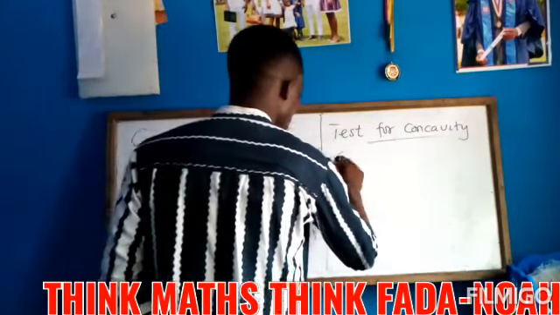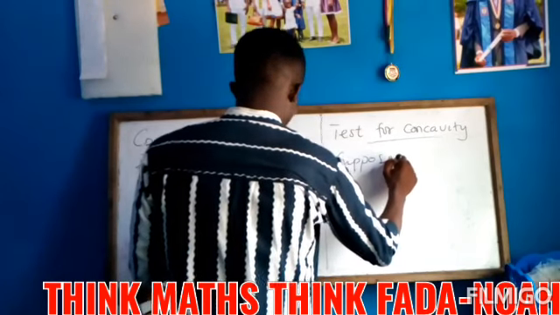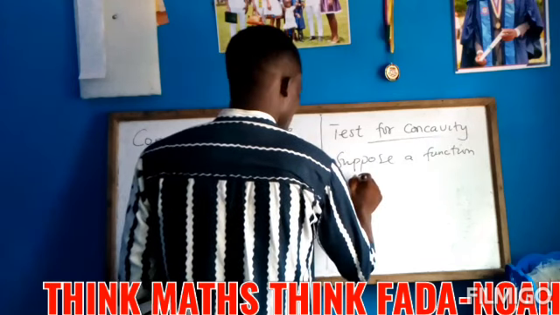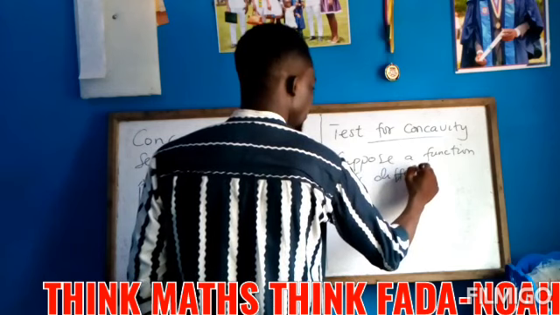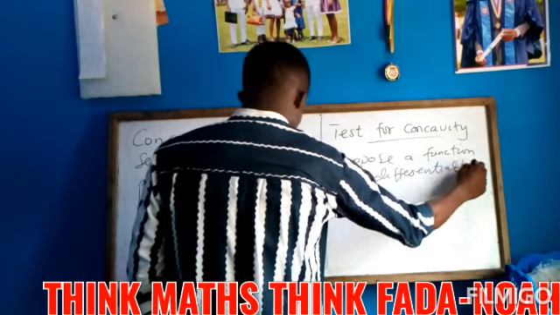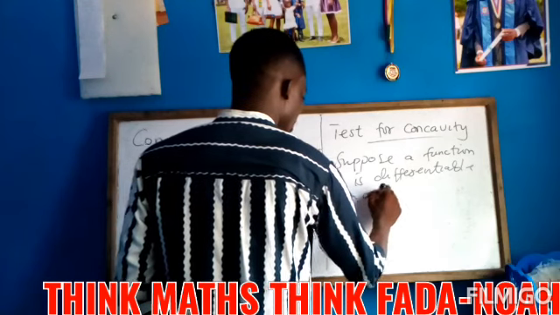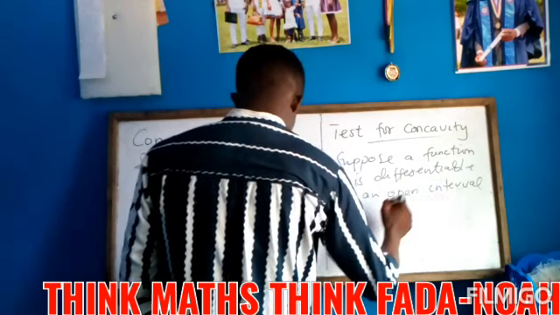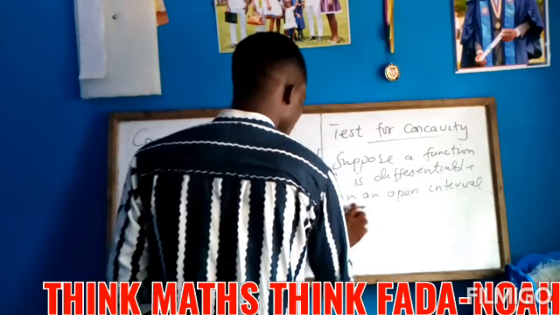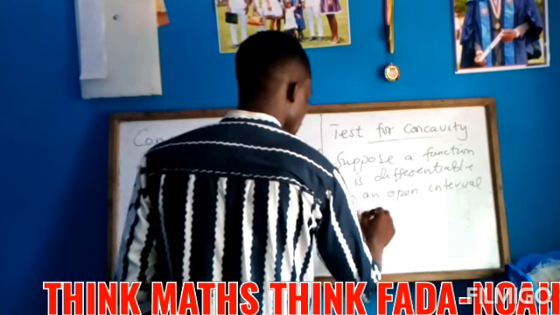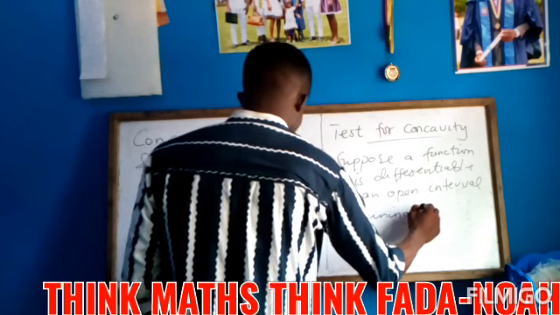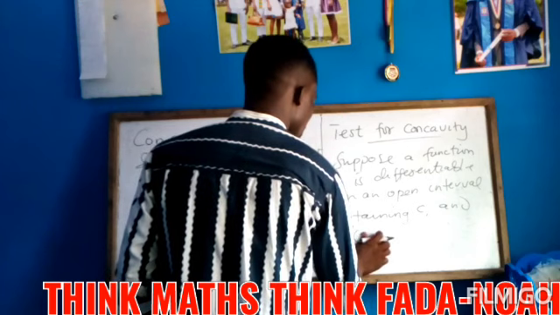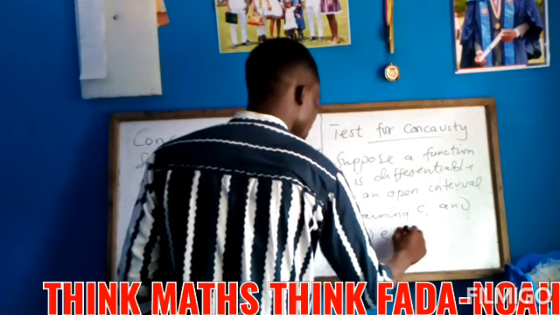So let's write this. We suppose a function f is differentiable on an open interval containing c, and a second derivative, which is f prime prime of x, exists.